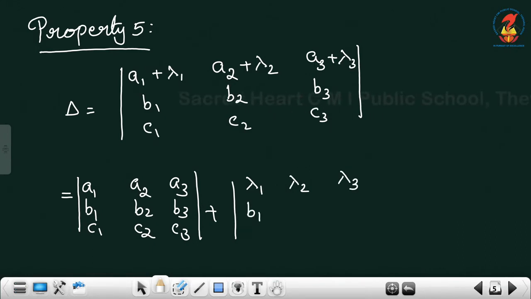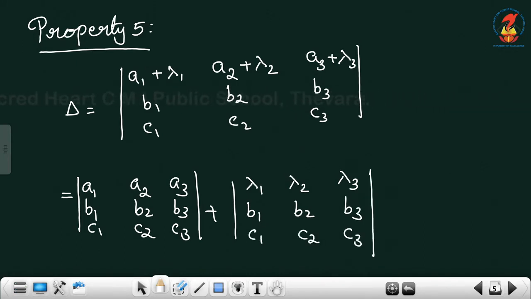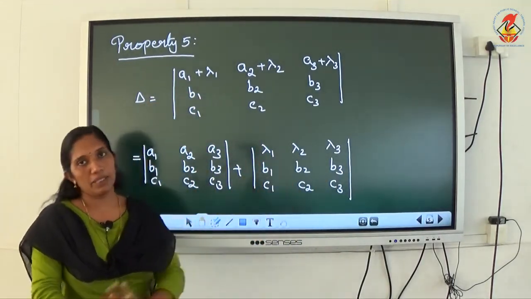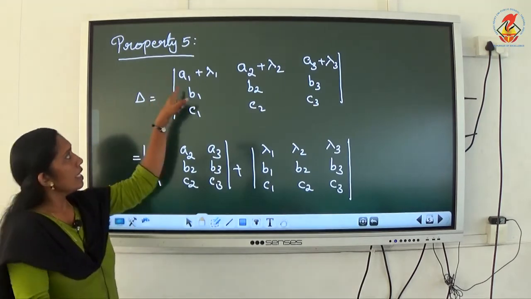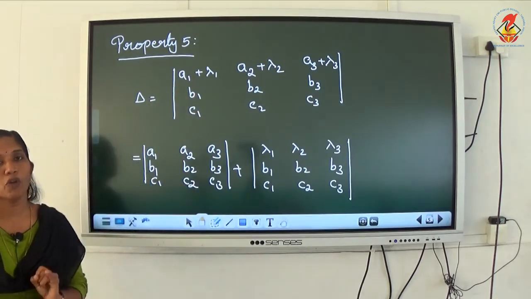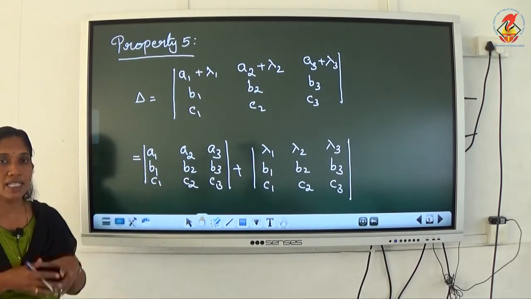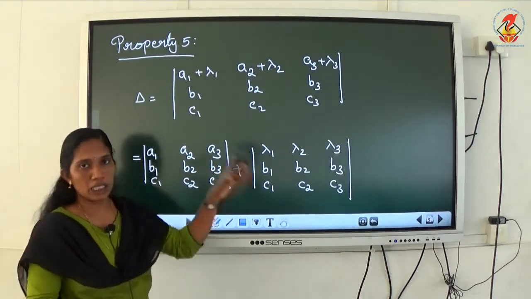Then the remaining rows same, B1, B2, B3, C1, C2, C3. So we can express delta as the sum of two determinants. So the property is, here the first row is the sum of two terms, so the whole determinant we can express as the sum of two determinants.